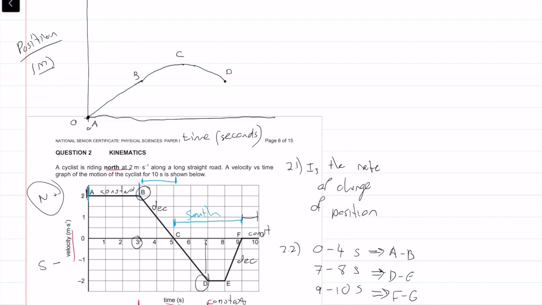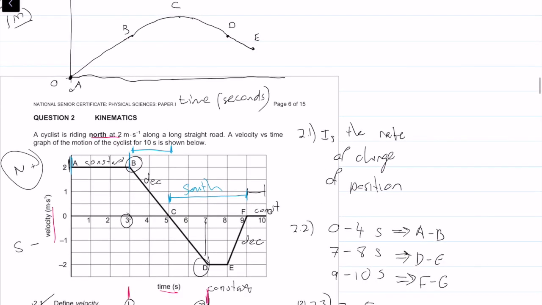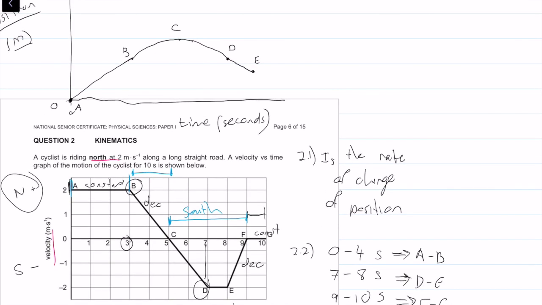At D we have a constant velocity once again, so we have a straight line graph. That should be straight. Let's see, something like that. That's straight. That's point E. Okay, from E what we have is he's slowing down once again, but quite steeply. So maybe we can do something like this.